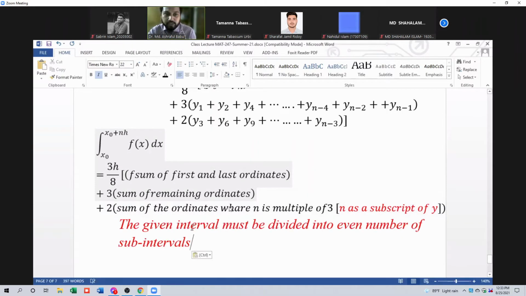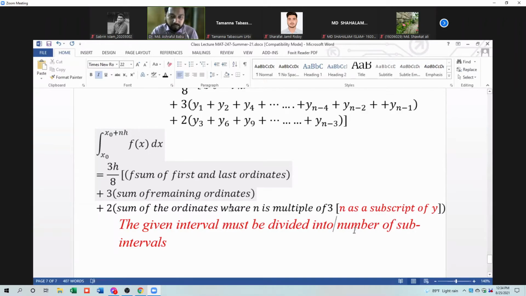So the condition for that: the given interval must be divided into a multiple of 3.